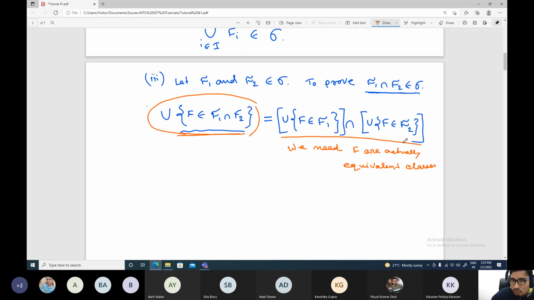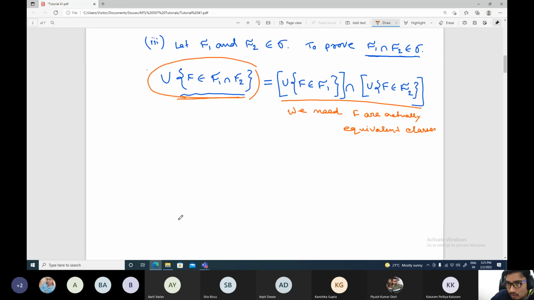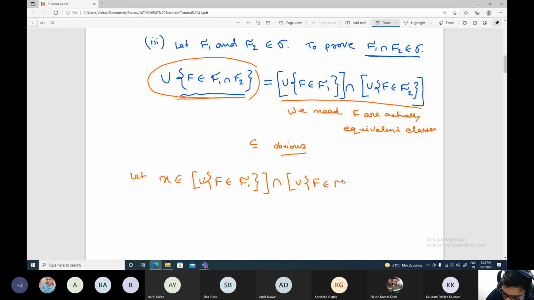Now let's look at the reverse one. Say some x belongs to the union of A belonging to F1, intersection the union of F belonging to F2.